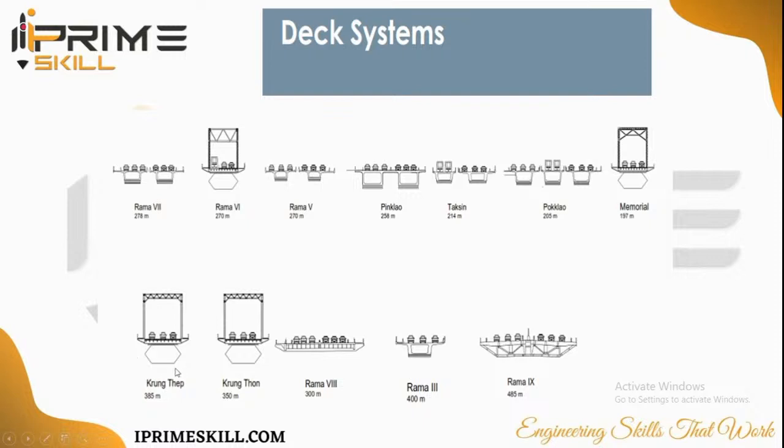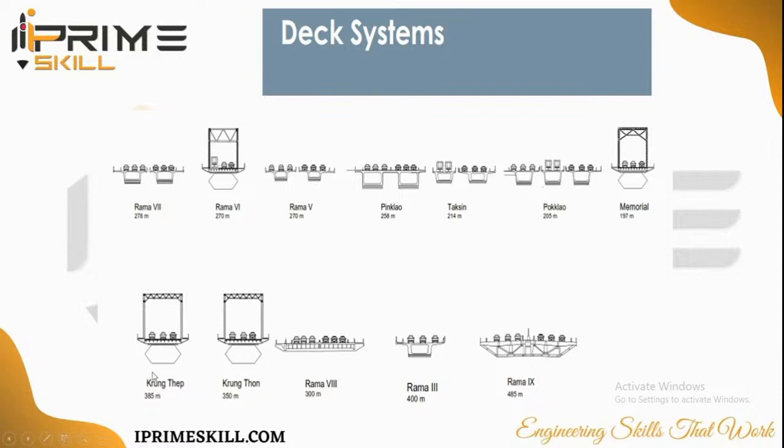The shape of the girder or deck which we saw in the real-time photo was like this. We could not see the section-wise, it was only a 3D isometric view. Here we can see how the section of the girder and the deck will be.